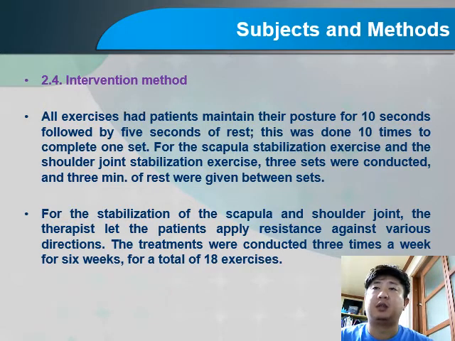For the stabilization of the scapula and the shoulder joint, the therapist let the patient apply resistance against various directions. The treatment was conducted 3 times a week for 6 weeks for a total of 18 exercises.